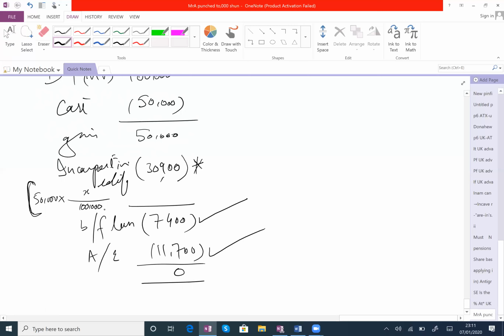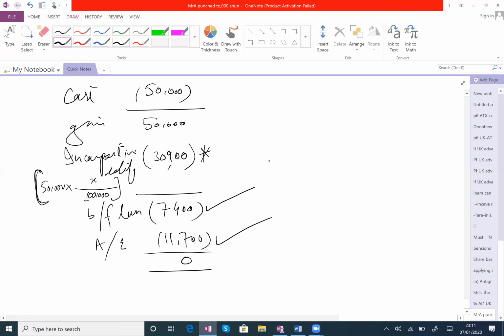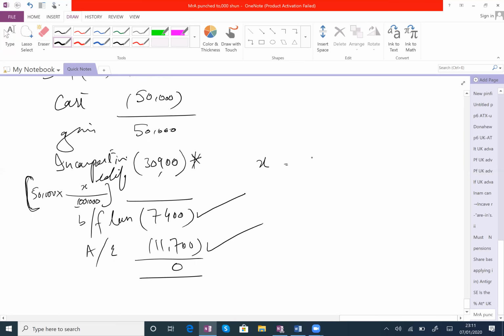I don't know in this 100,000 what is the value of cash and what is the value of shares. Can you figure out the X figure? X means share consideration, in the numerator. What is the value of X? We can rearrange the formula and find out the value of X. X is equal to the denominator figure, 100,000, divided by 50,000, multiplied by 30,900. So what is the value of X?